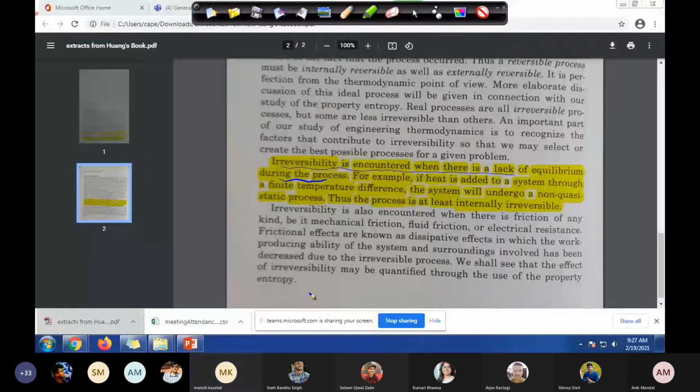If heat is added to a system through a finite temperature difference, the system will undergo a non-quasi-static process, and thus the process is at least internally irreversible. What is the meaning of this line? That if you are passing heat to a system through a finite temperature difference, then that process cannot be quasi-static.